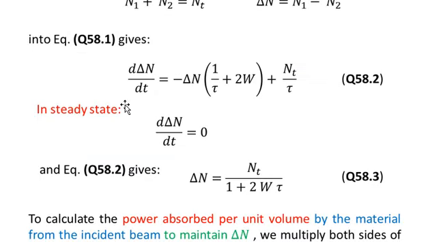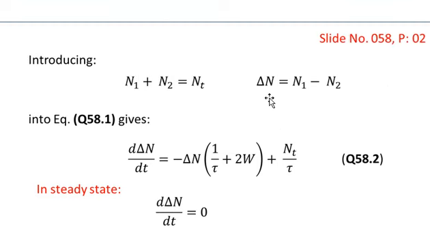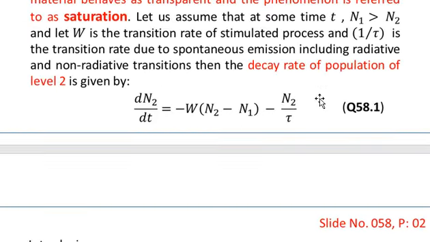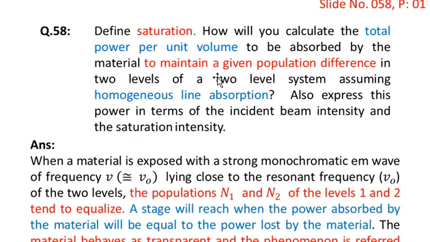In steady state, d delta N over dt is equal to 0, which means that we want to keep delta N, which is N1 minus N2, constant with time, because this is the requirement of our question, to maintain a given population difference.